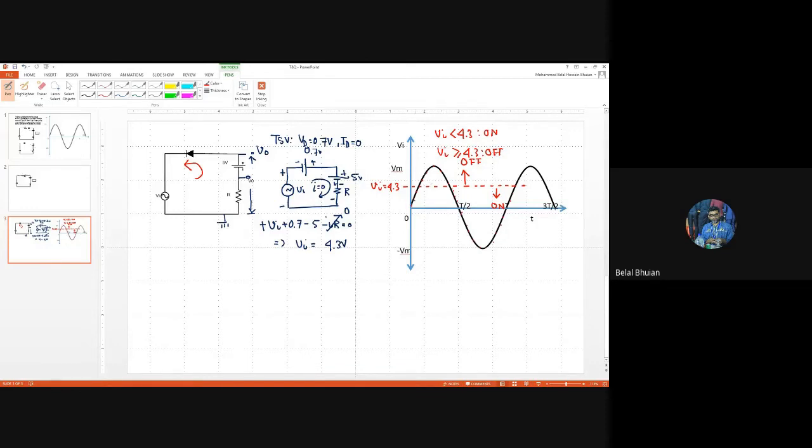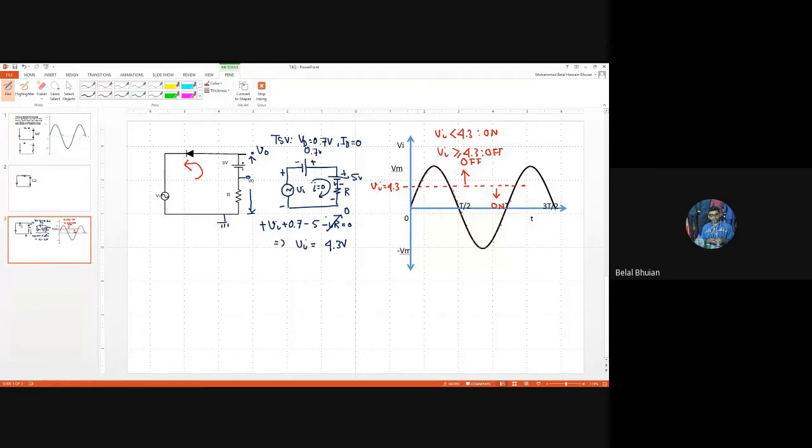Say any value of Vi which varies between Vm and minus Vm during this interval. So if you find any value of Vi less than 4.3, you can say for that value of Vi, this diode will be always on.